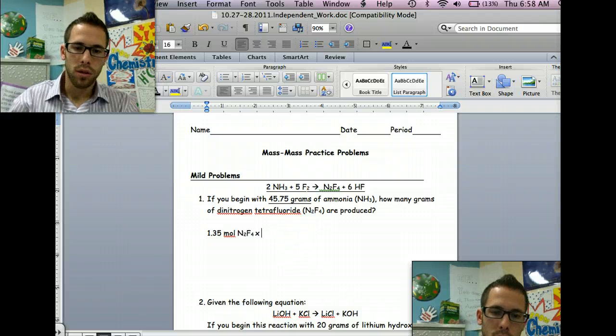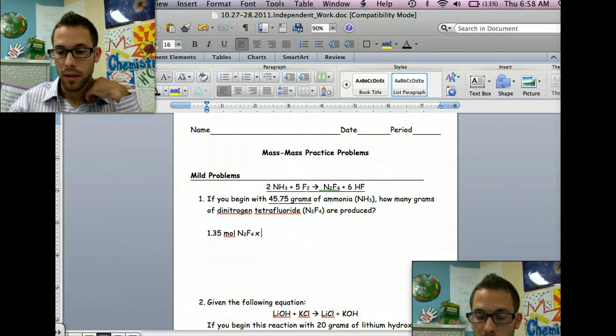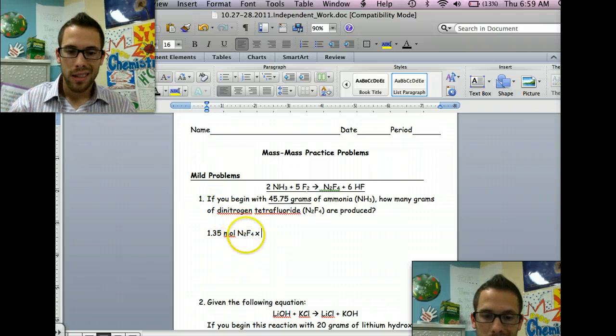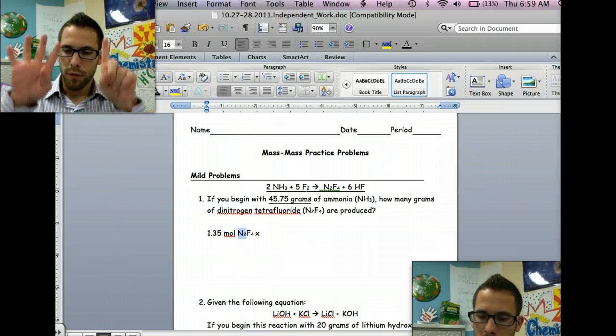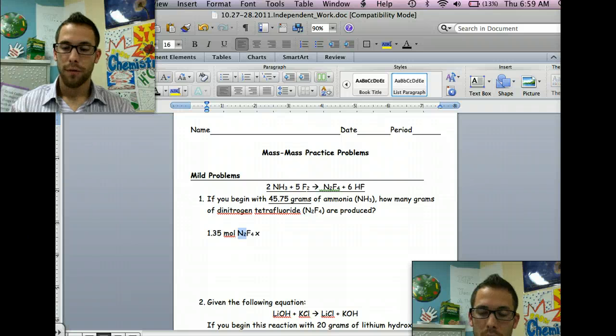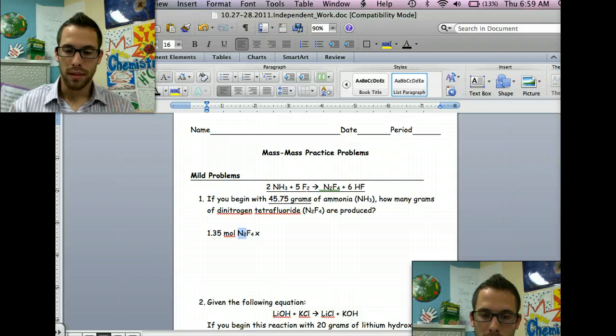We have the moles of the answer, and we need to find grams of the answer. So first we have to find the molar mass of the answer. I have 2 N's here. How much did we say N's were? 14, right? So 14 times 2 is 28. Great. Now we have 28.